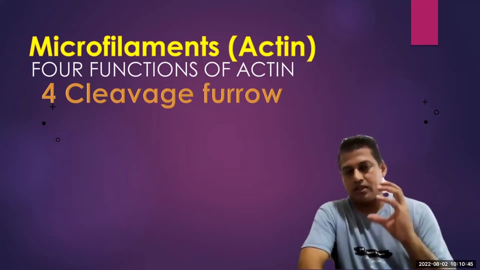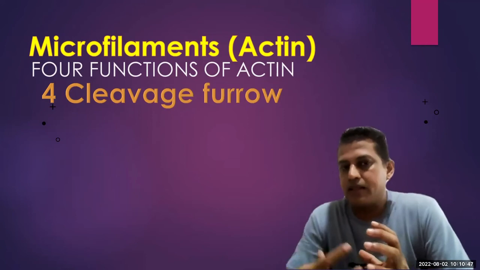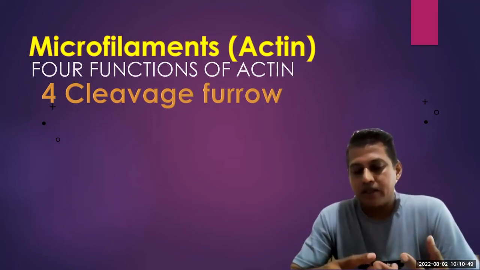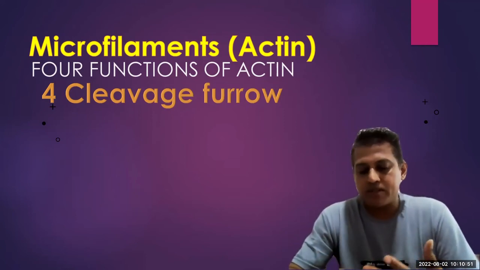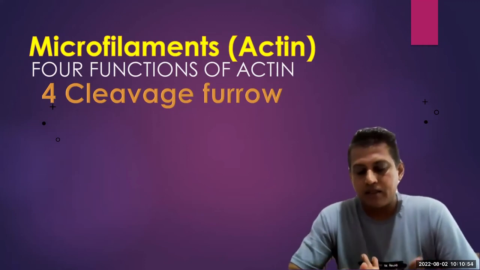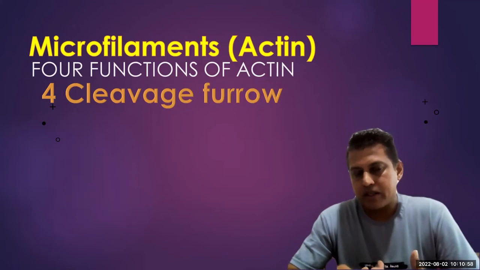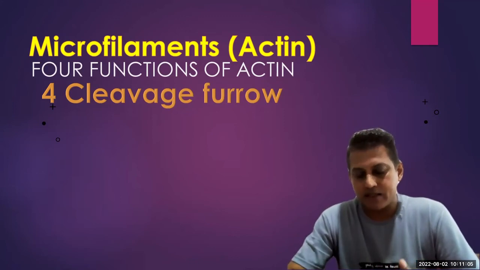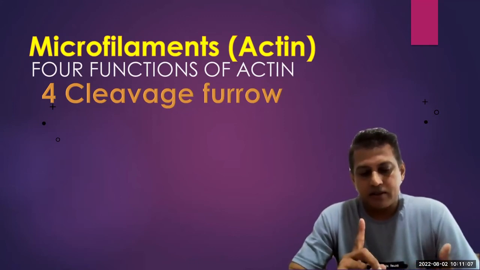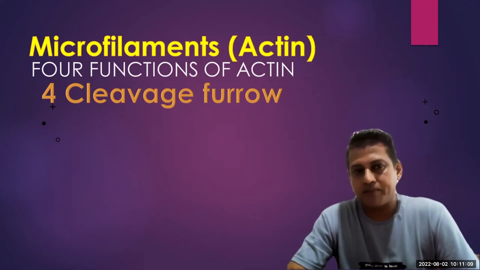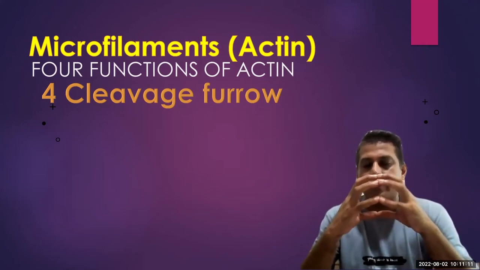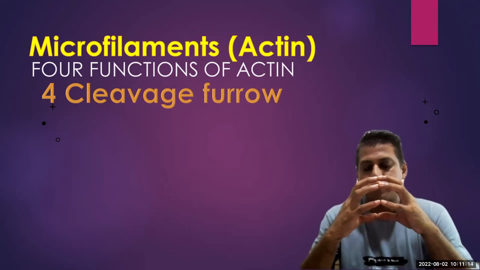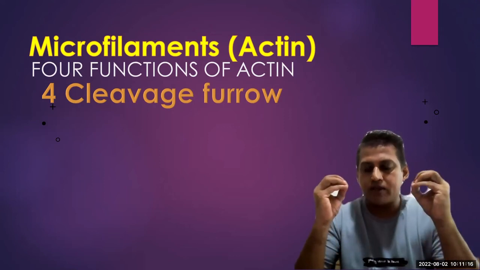Because if you remember cell theory, the 3 principles of cell theory: first, the cell is the smallest functional living thing. Second, all organisms are made out of cells. Third, cells arise from pre-existing cells. I mean, there is a cell like this, and if it divides, we can see two cells.